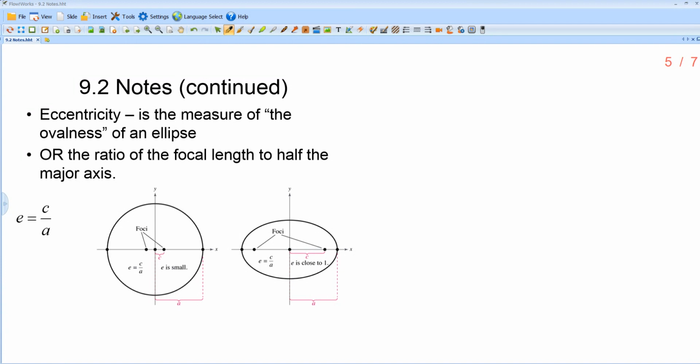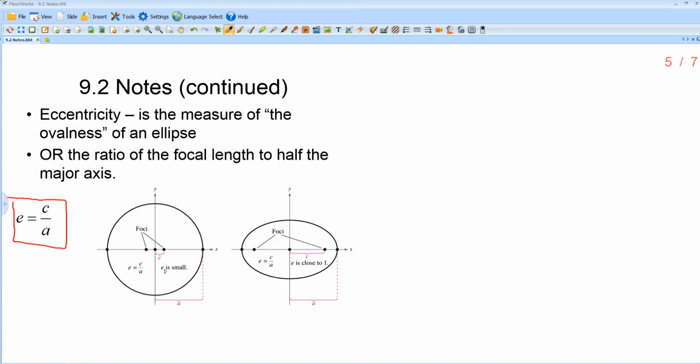So that's the definition that we could think about. But technically speaking, the mathematical definition is the ratio of the focal length to half the major axis. And the formula for this is just e is equal to c over a.